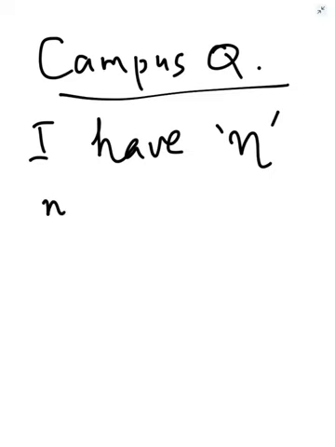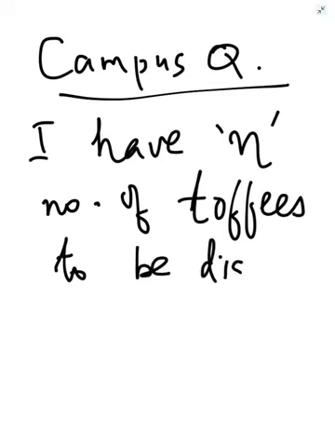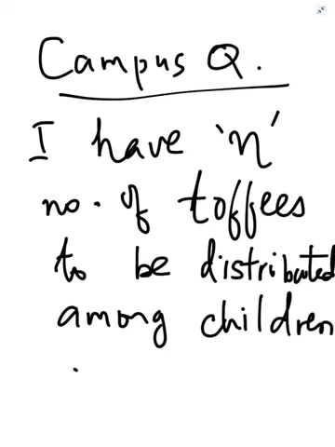Suppose I have n number of toffees to be distributed among children. So there is a party, there are some children, and I have to distribute n number of toffees among the children.